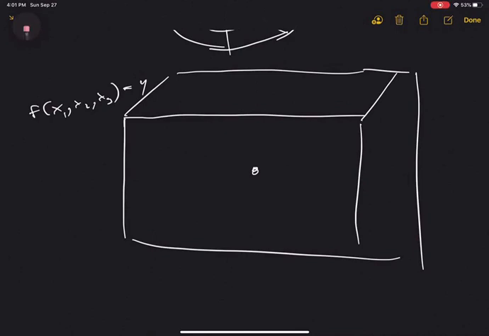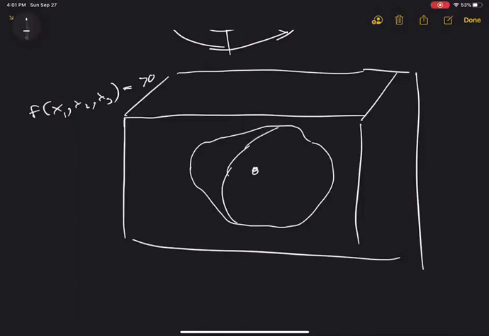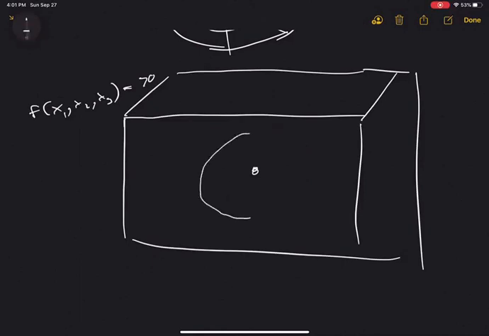Maybe you're asking yourselves, okay, where is it 70 degrees in the room? So you plug in 70 for your temperature, you graph your function, and you see all the points where it's 70 degrees is this 3-dimensional, let's say, sphere. When you set y equal to 70, you get this sphere around that center point.